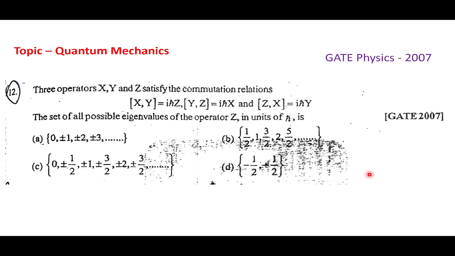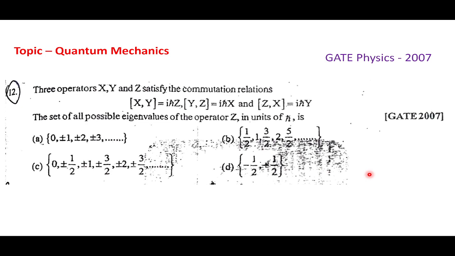So it can be all possible three. Now your J will have all possible values of eigenvalues. It is asked in the question the set of all possible eigenvalues. So you have to find the most general operator here, and that will be your total angular momentum, not only the orbital angular momentum. Yes, it will be option C.